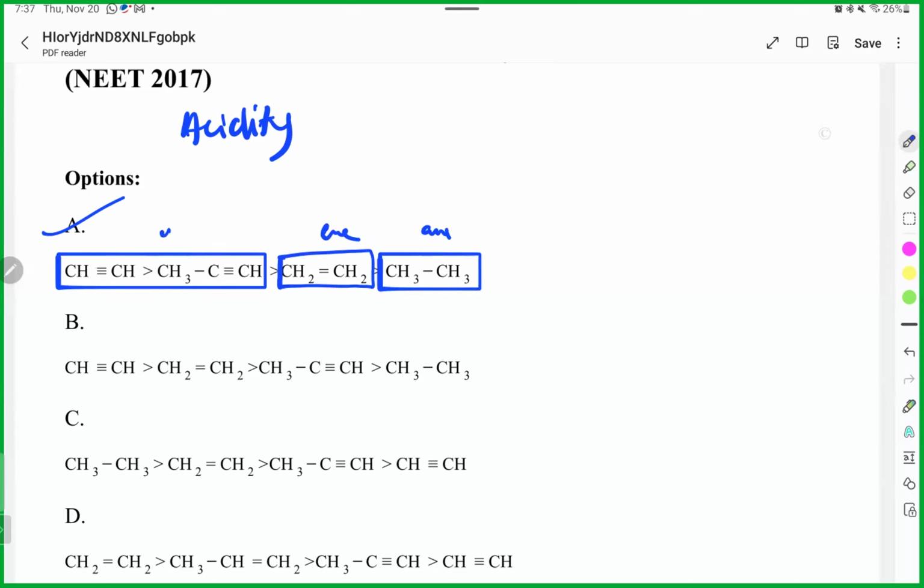In alkyne, which one will be more acidic? The one with less alkylated groups. Why? Because alkyl is an electron donating group and it decreases acidic character.